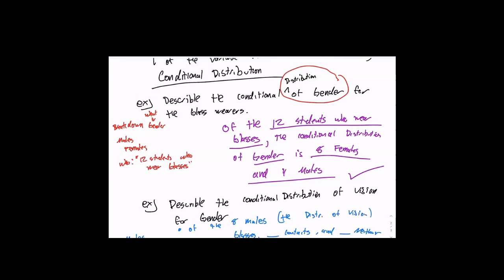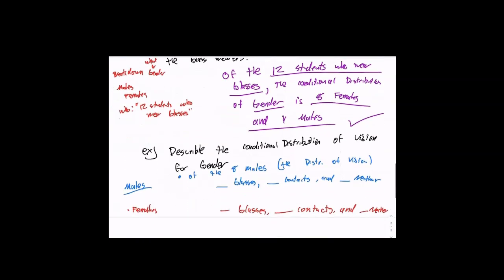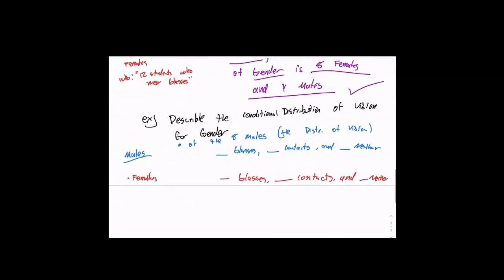But I want to note something: you technically don't need to write the distribution of vision, because when you talk about glasses, contacts, and neither, what are you referring to? Vision.